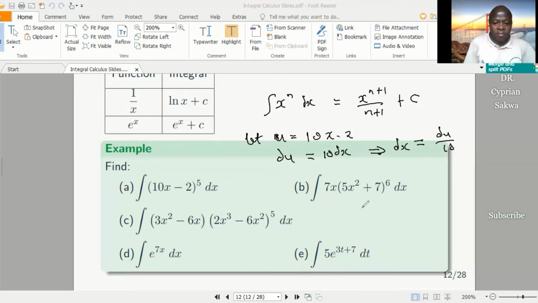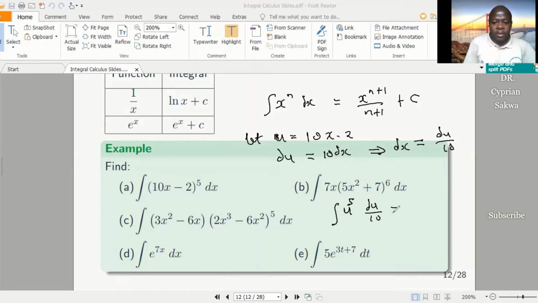So the integral is now written with u raised to power 5 instead of 10x minus 2, and instead of dx we have du over 10.